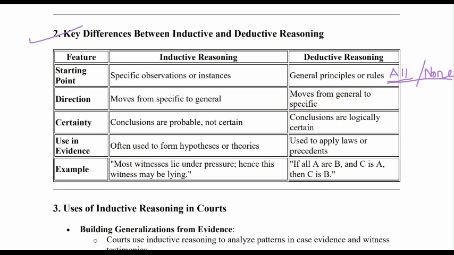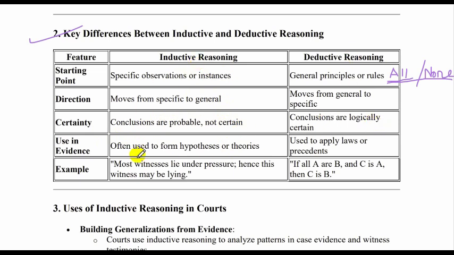Whereas inductive reasoning moves from specific premises to general conclusion. Certainty: in inductive reasoning, the certainty is not there, which we already read about earlier. The conclusions are probable, not certain, whereas the conclusions are logically certain in deductive reasoning.